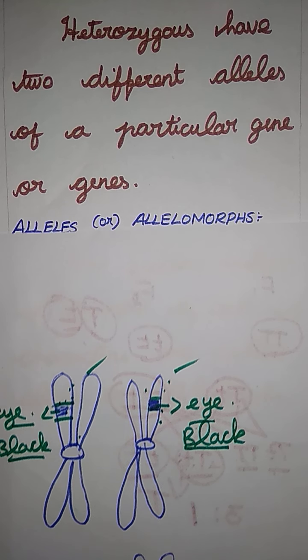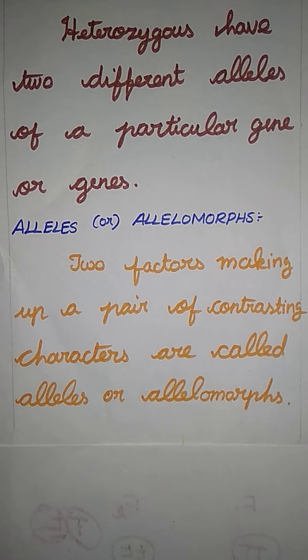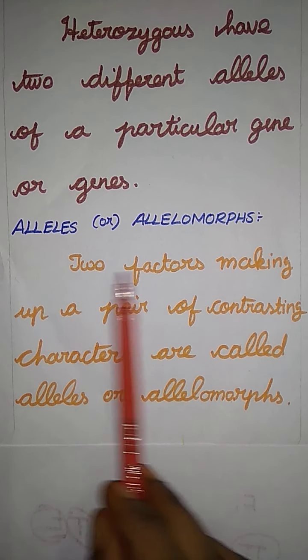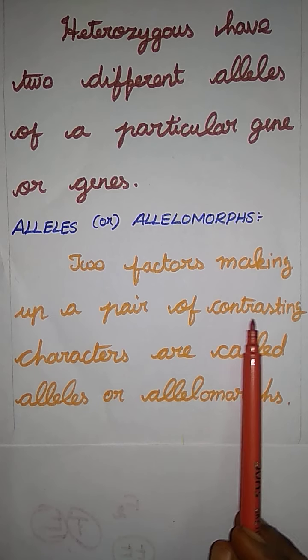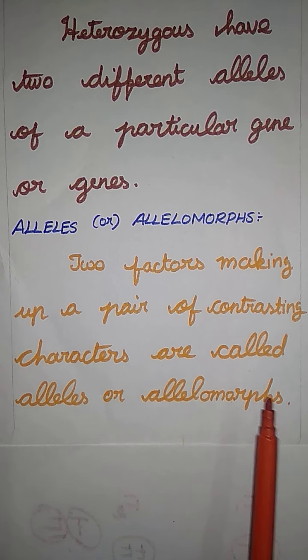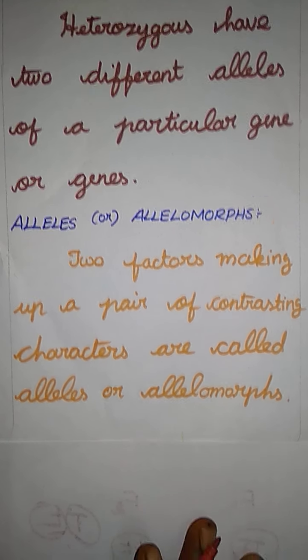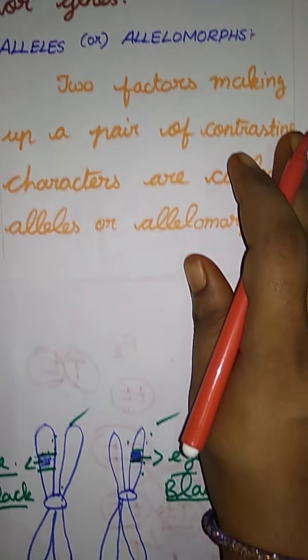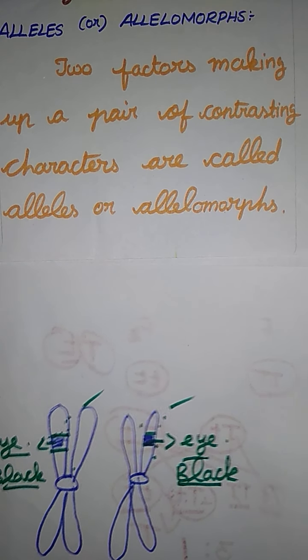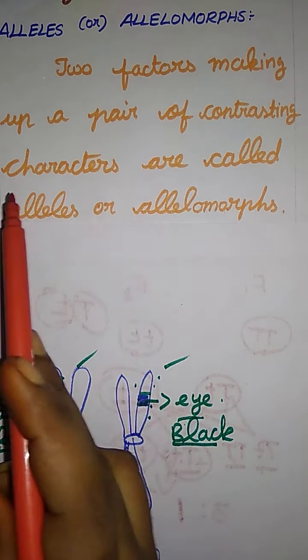And the last one is allele. Here, allele or allelomorph. Two factors making up a pair, a contrasting character, are called alleles or allelomorph. Just see here, two factors are crossing.